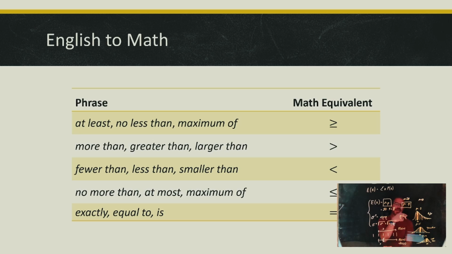And the next one, and the last one, is exactly, equal to, or is. These are all ways of saying equals. So what is the probability that I get exactly 5 heads? What is the probability that my number of heads is equal to 6? Or what is the probability something is 6, right? So it's like, what is the probability that the defective units are 6?